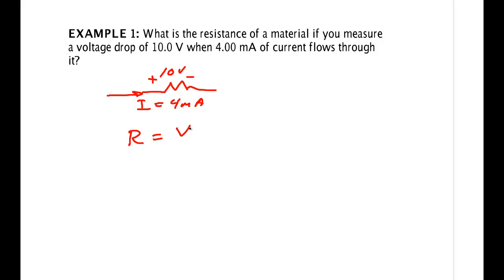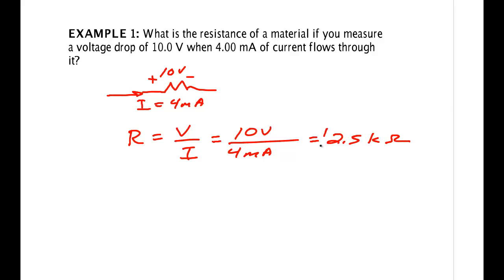R is equal to V over I, 10 volts over 4 milliamps, 2.5 kilo ohms. Notice how knowing that a volt over an amp is an ohm, 1 over a milli is 1 over a thousandth, makes 1,000, which is a kilo. Knowing how to use SI units saves a lot of time.